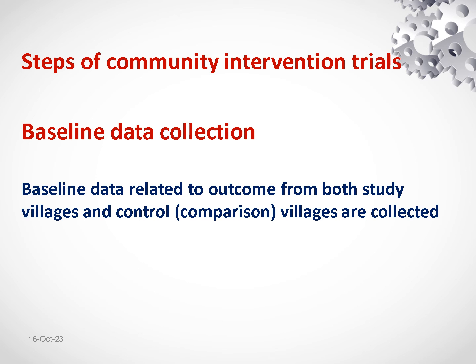Baseline data related to outcome from both study villages and control villages are collected. So before starting the intervention, baseline data about outcome is collected to make sure that there is no significant difference between study village and control villages.